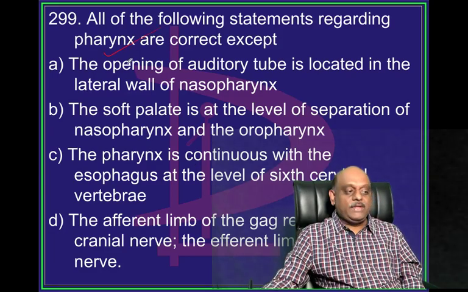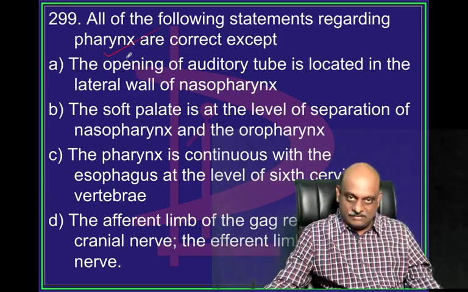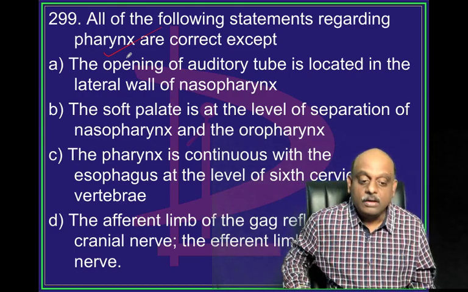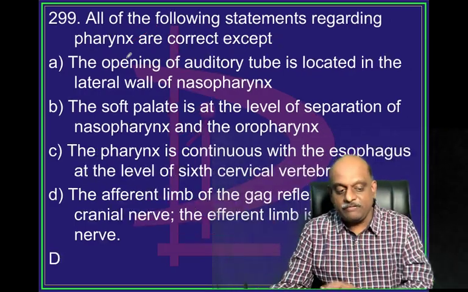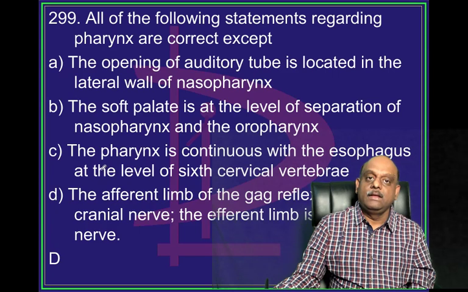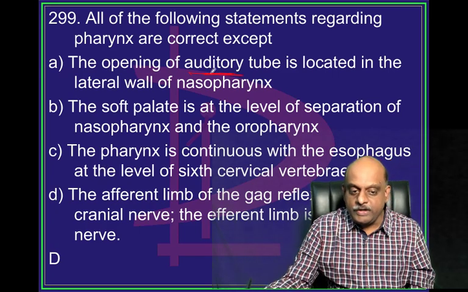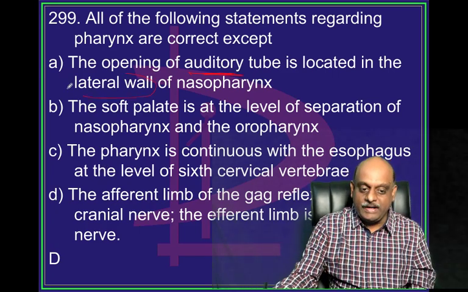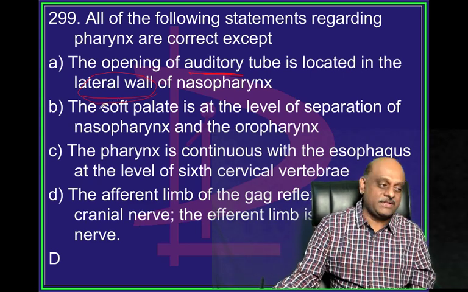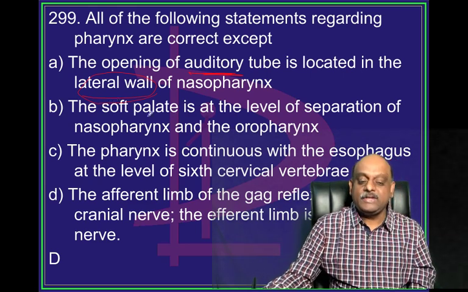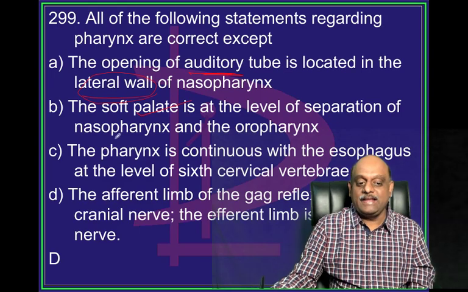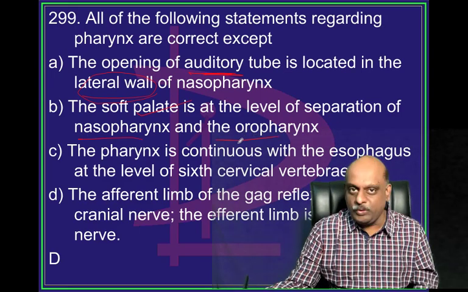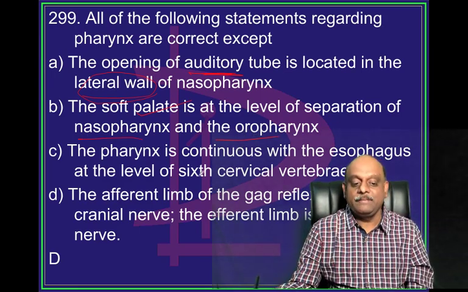Now, with regard to the pharynx, what are the important statements about the pharynx? The auditory tube opening is located along the lateral wall of the nasopharynx. The soft palate is at the level of the separation of the nasopharynx and oropharynx. You all agree with me?